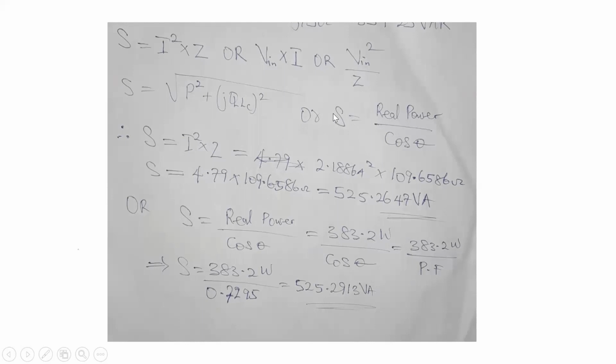Or apparent power is equal to real power over cos theta, or real power over power factor. We use this one. Later, you will try all these other formulas. They will still give you this value. Are you following me? So we use this one, which is 4.79 times 109.6586. This is the value it gave us. We use that of the cos theta, and it still gave us this value.